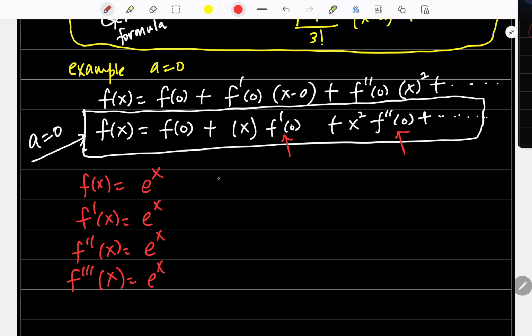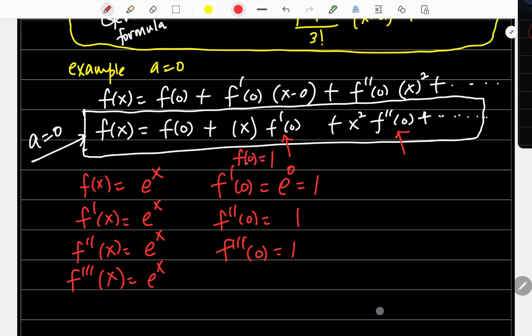Let me start putting zeros. f dash of 0 is e power 0, which is equal to what? 1. f double dash of 0 is 1. f triple dash of 0 is 1. The fourth derivative of 0, whatever it is, it keeps going, everything will be 1. So f of 0 is also 1. Okay, because the second one is here and the third one is here.